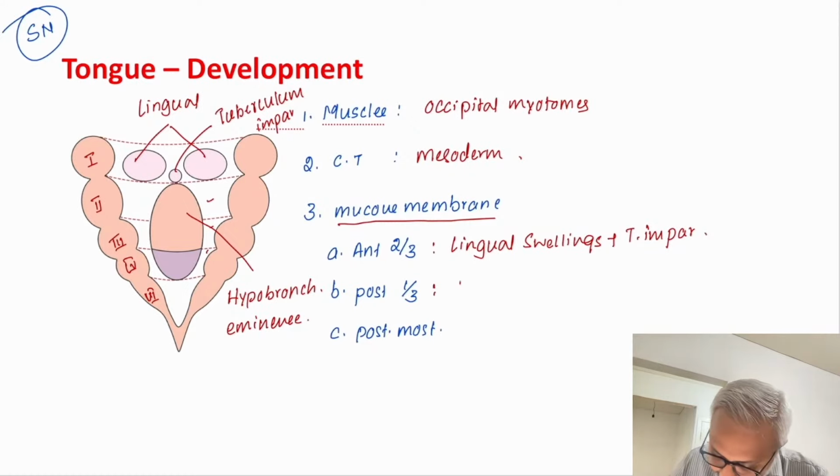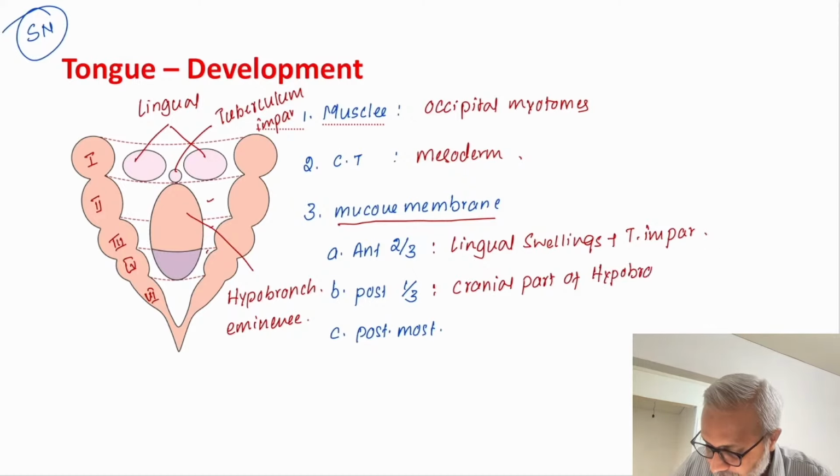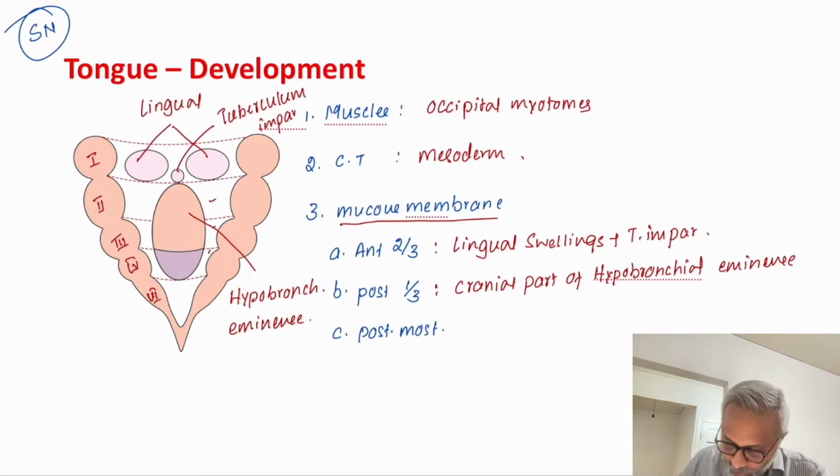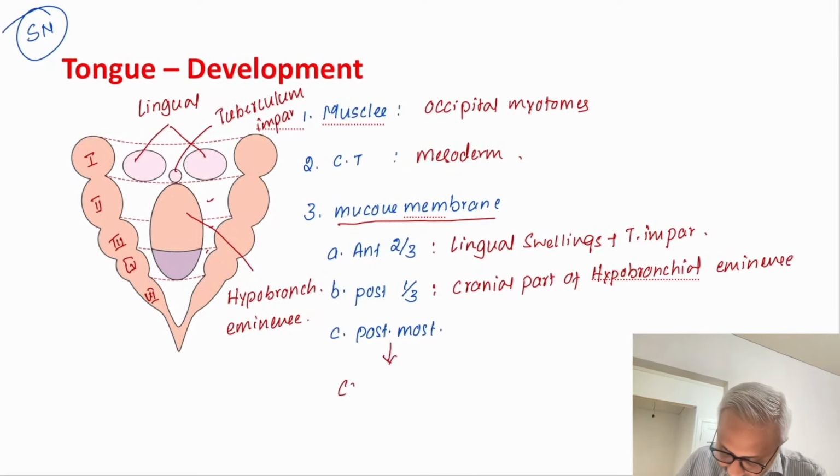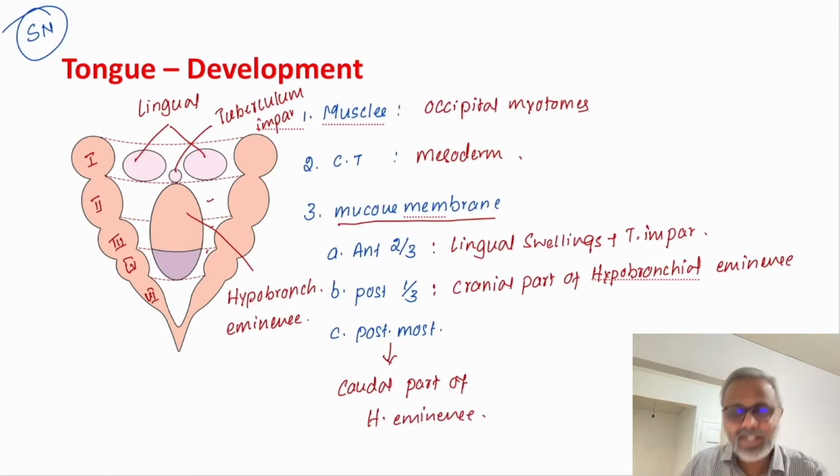It comes from the cranial part of the hypobranchial eminence. What about the posterior most part? This comes from the caudal part of the hypobranchial eminence. This is all you need to write.